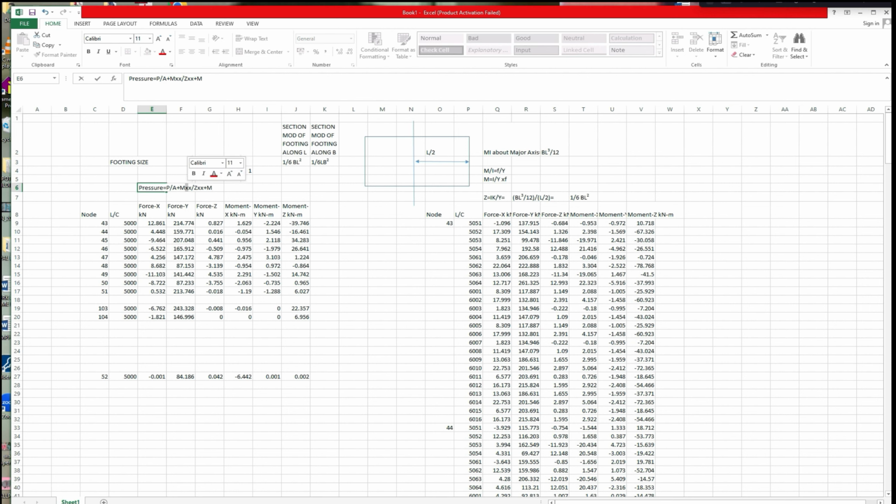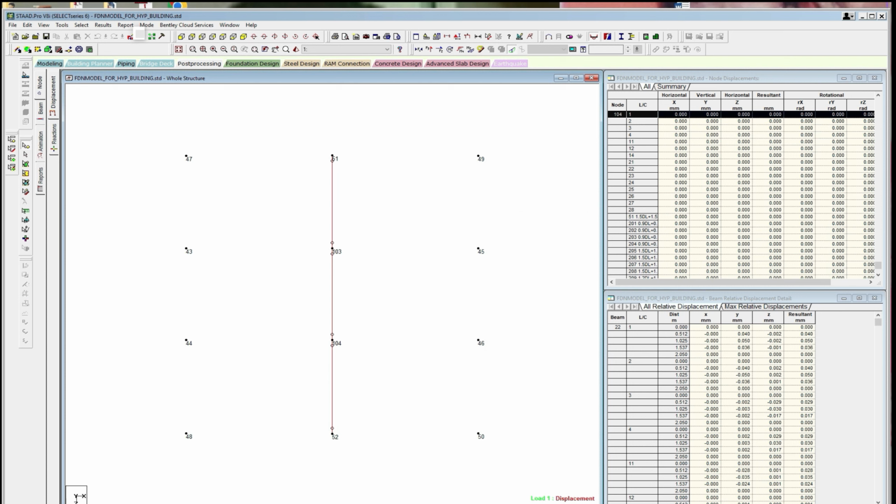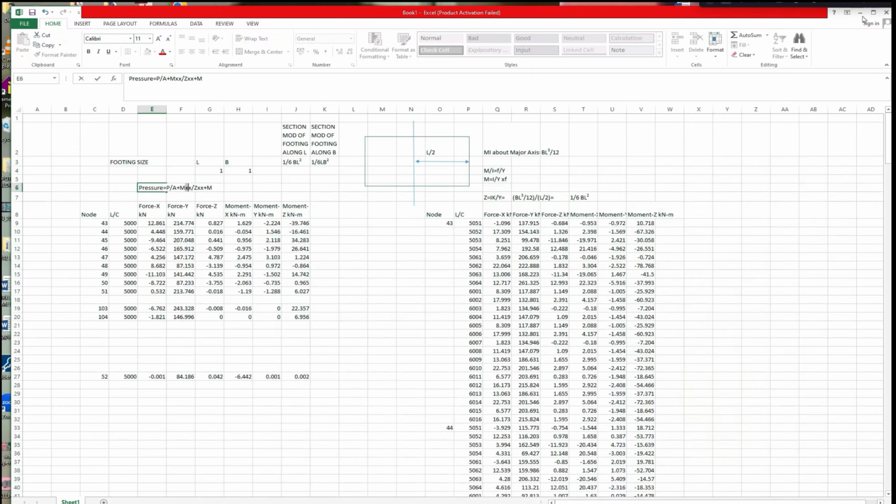So for STAAD we will have this as MZZ by ZZZ, then MXX by ZXX.